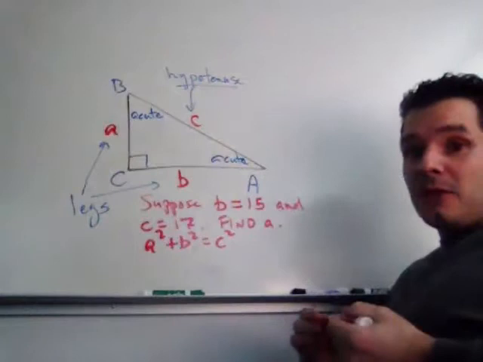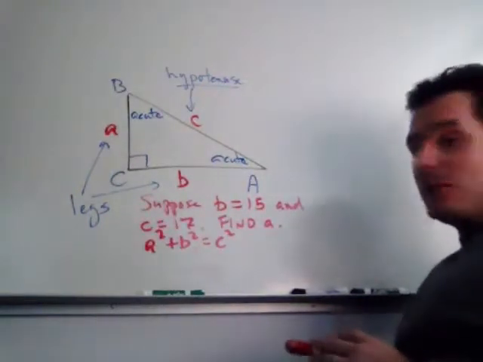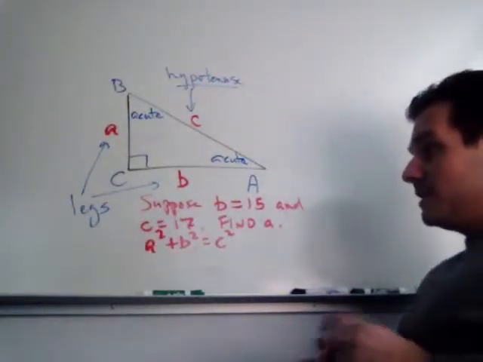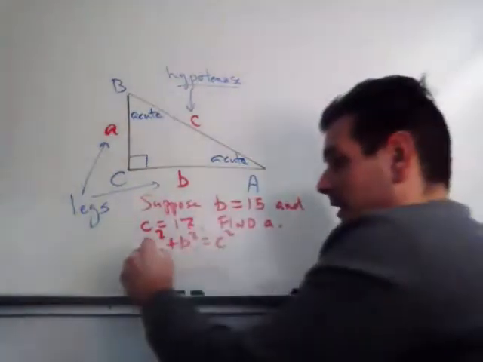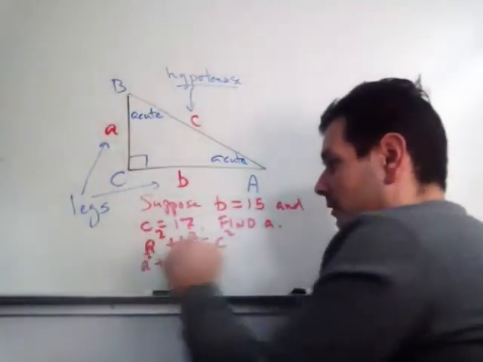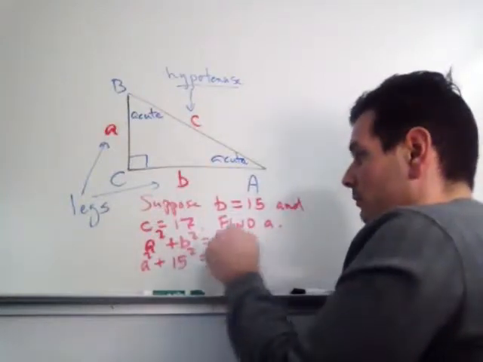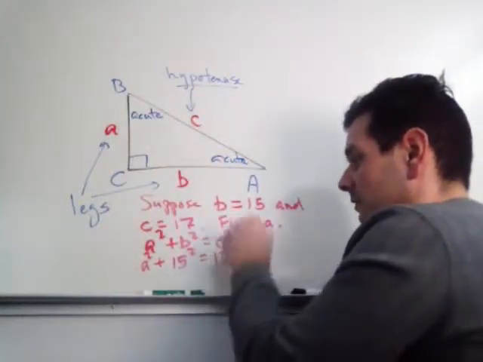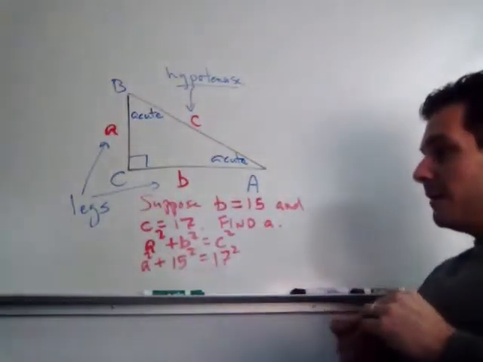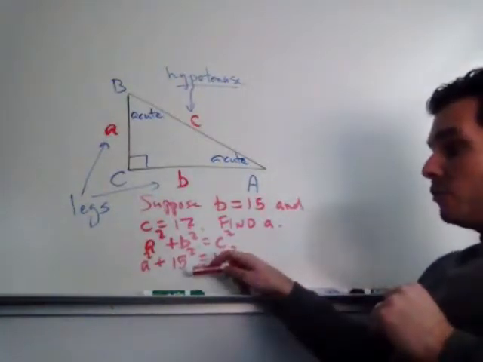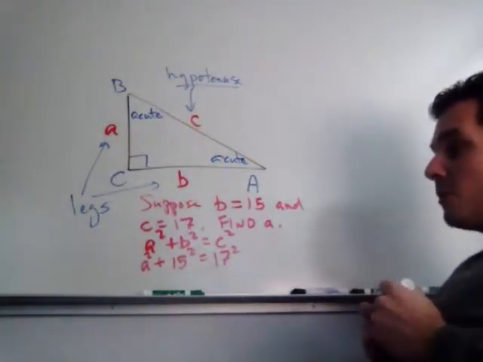And now it's just a matter of substituting the values, right? So I know B is 15, C is 17. So I would write A squared plus 15 squared equals 17 squared, okay? And 15 squared is 225, 17 squared is going to be 289.